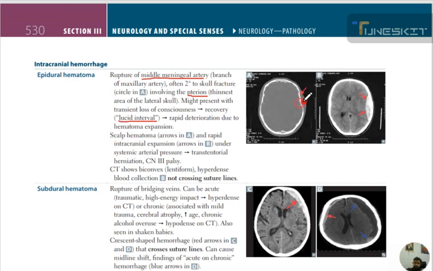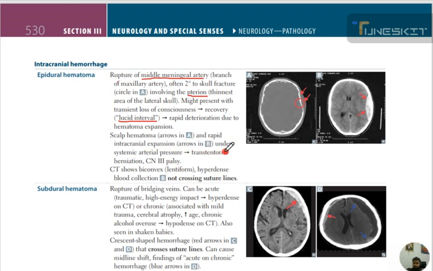This is the scalp hematoma showing in this picture, and then rapid intracranial expansion, arrows in B. This is the rapid intracranial extension of the blood under systemic arterial pressure.